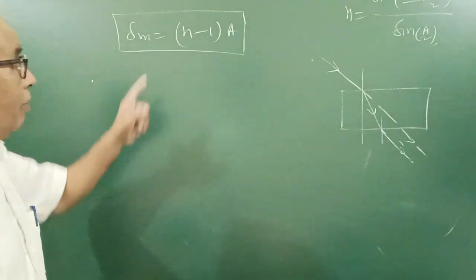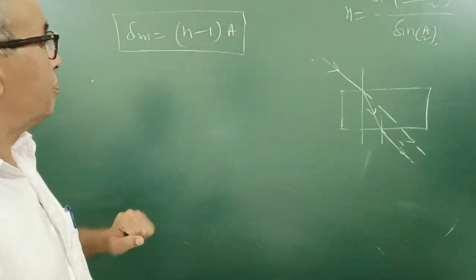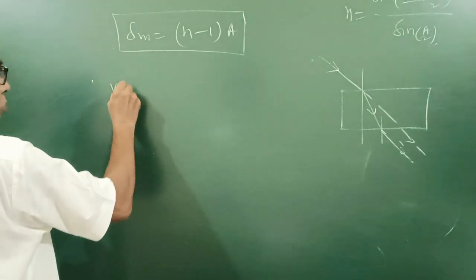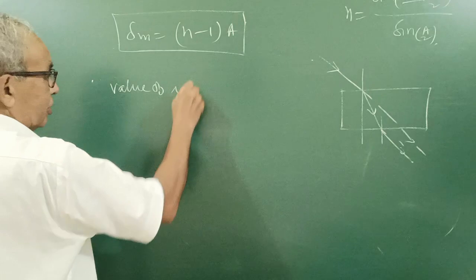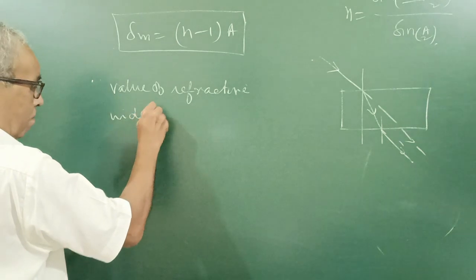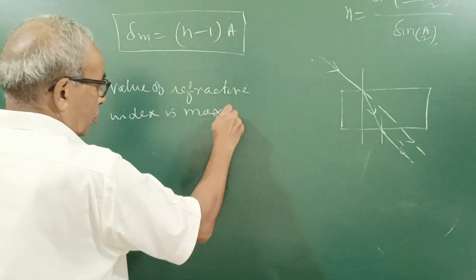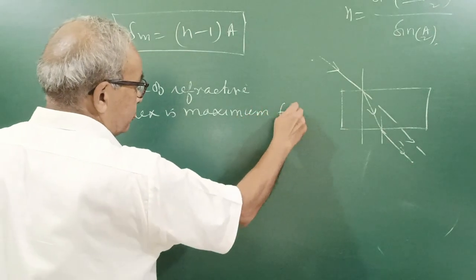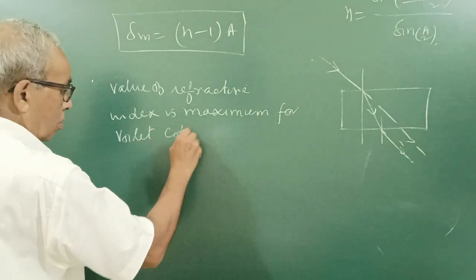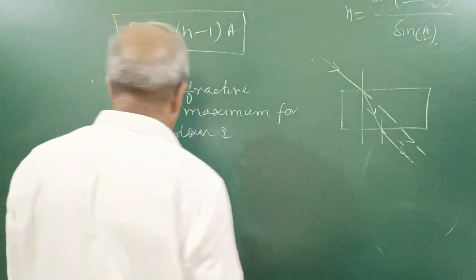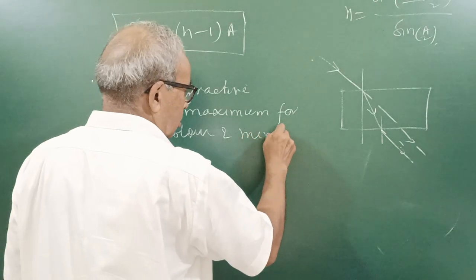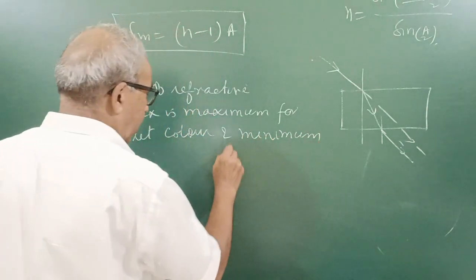In a prism, the deviation depends on n and A. The value of refractive index is maximum for violet color and minimum for red.